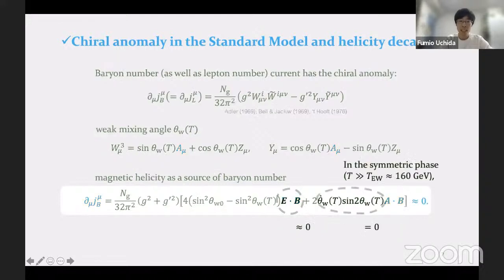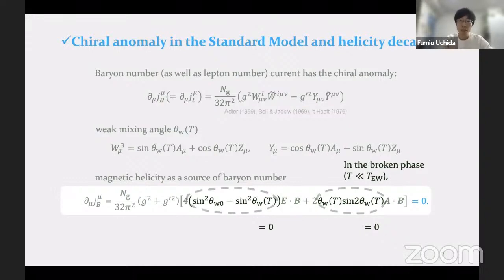In the symmetric phase of the universe, when the cosmic temperature is higher than the order of 100 GeV and the Higgs vev is 0, in that case, theta_W is constant, and the value of it is 0. So this term is 0, and E·B is also close to 0 because of the very large conductivity of the universe, since E·B is proportional to the inverse of the electric conductivity.